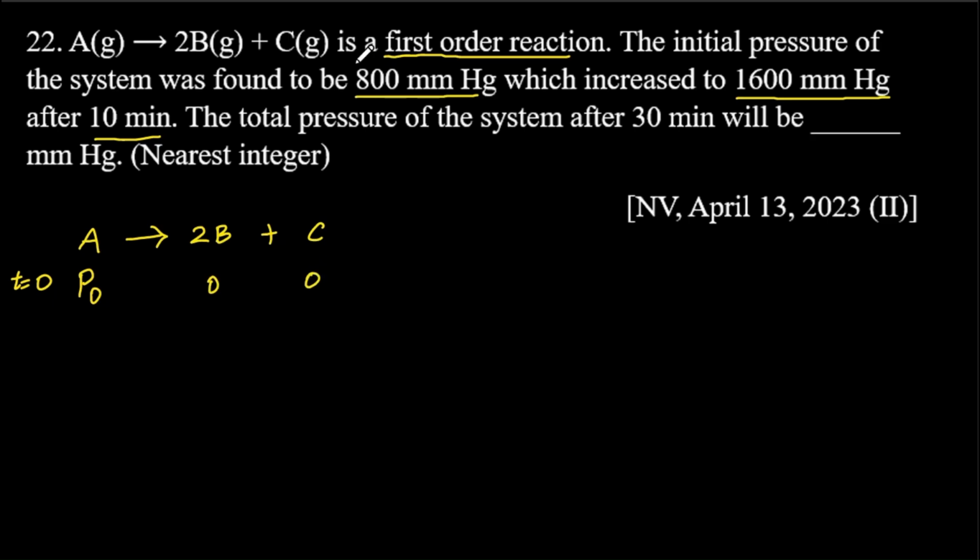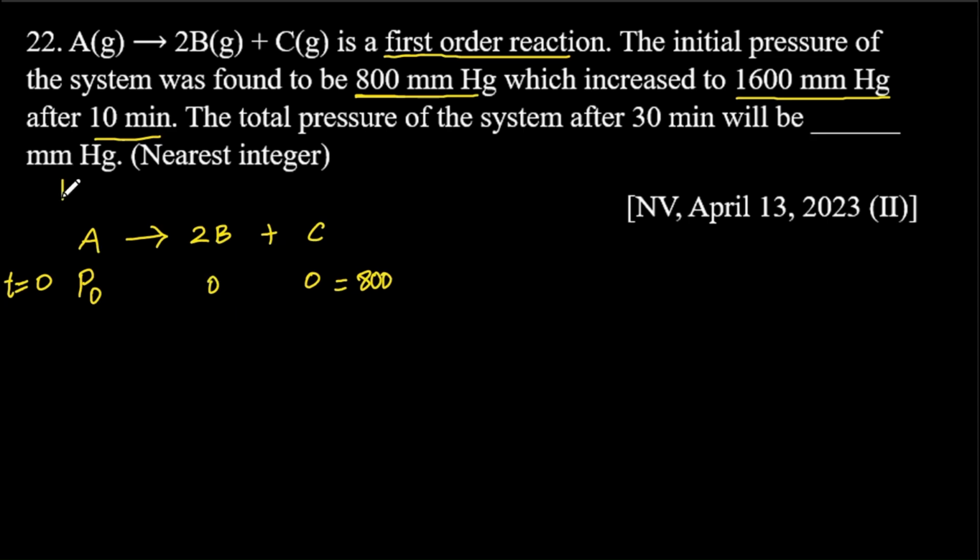Products are not formed. So how is the pressure exerted by the system? It is exerted only by the reactant A, because at time t equal to 0, only the reactant A is present. So this initial pressure of the system is 800 mm of Hg.